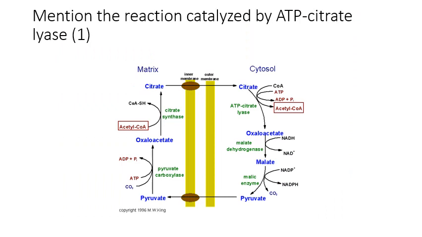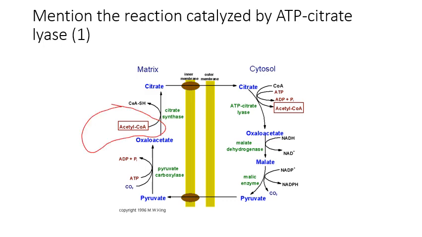Second question is, mention the reaction catalyzed by the ATP citrate lyase. So we have to think where this ATP citrate lyase enzyme comes in. The role is in the first phase, transport of acetyl coenzyme A from mitochondria to cytoplasm. The acetyl CoA, which is a precursor for fatty acid, is available in the mitochondria.